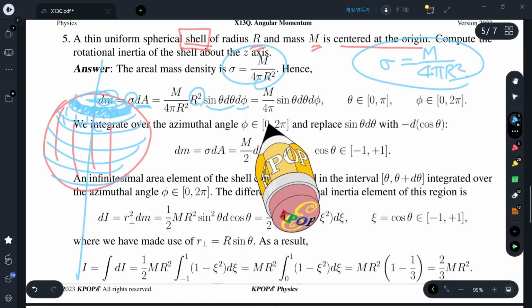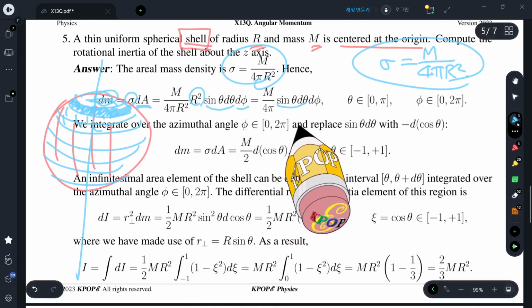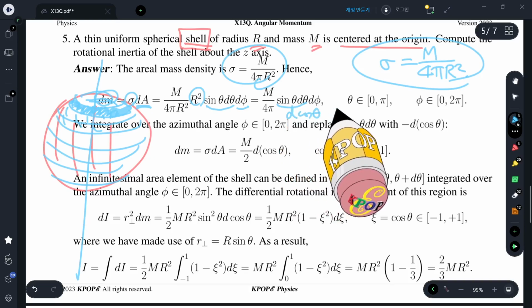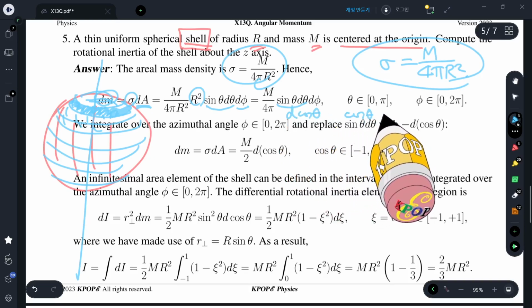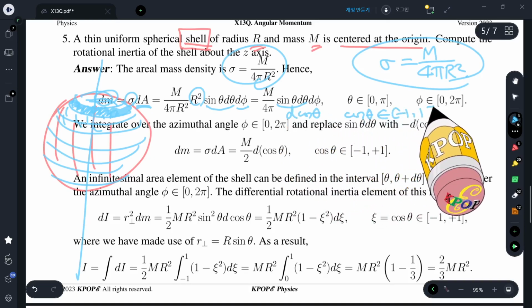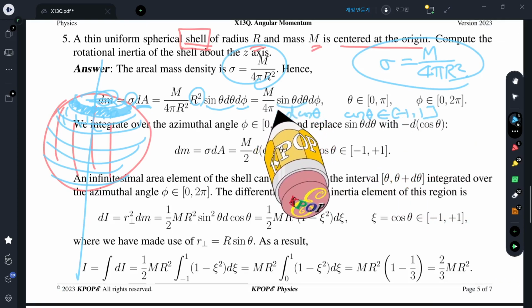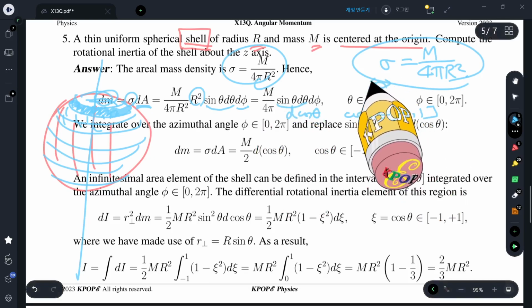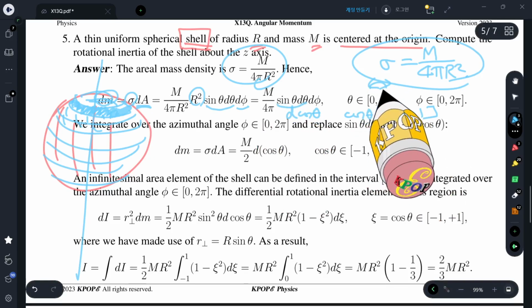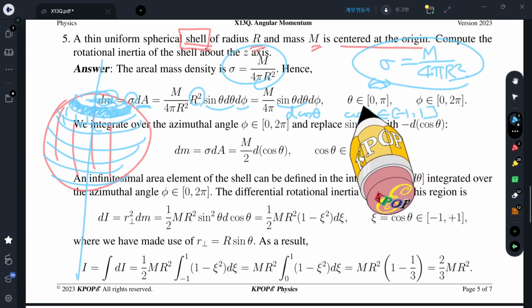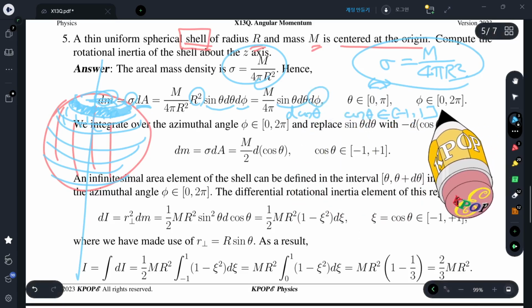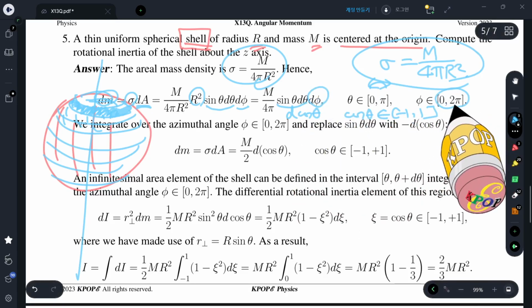Or we can express this in terms of d cosine theta, where cosine theta runs from -1 to 1, with the negative sign absorbed by swapping the upper and lower limits of the integral. And the azimuthal angle runs from 0 to 2 pi.